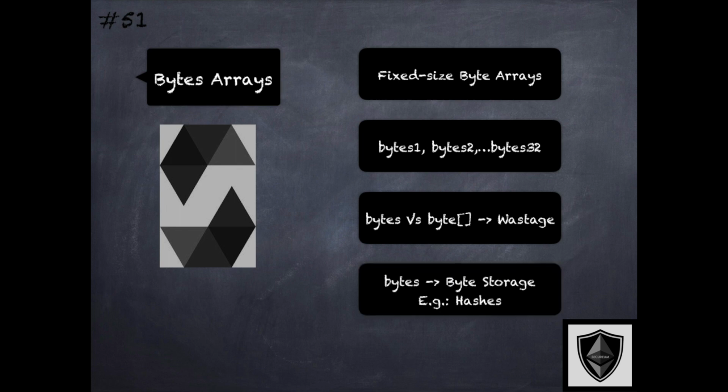So if we have a choice, then it's better to use the bytes type instead of the byte array type for these byte arrays. And this is something that you will commonly come across in smart contracts for storing raw bytes, for example in the case of hashes.